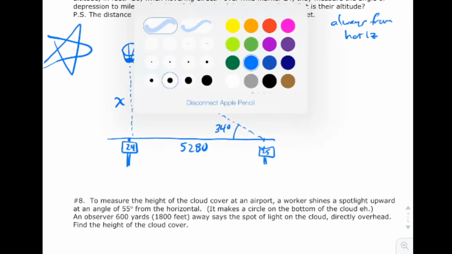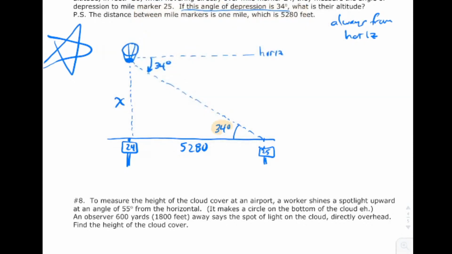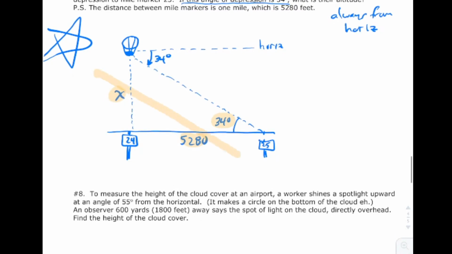Getting back to my 34-degree angle down here, I'm not using the hypotenuse. If it's not the hypotenuse, it's not the sine or cosine, so it's the tangent. X over 5280 is the tangent of the 34 degrees.